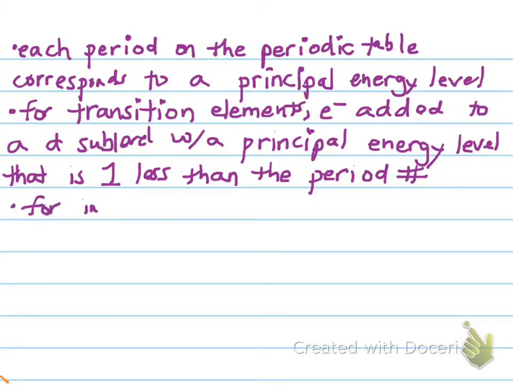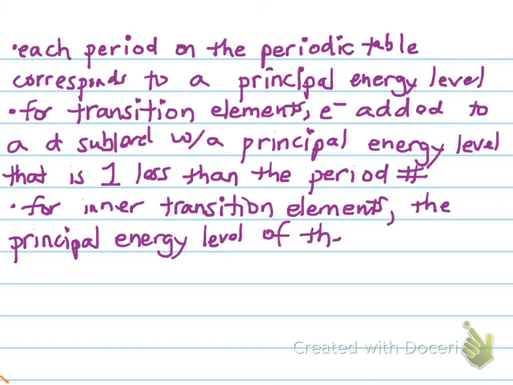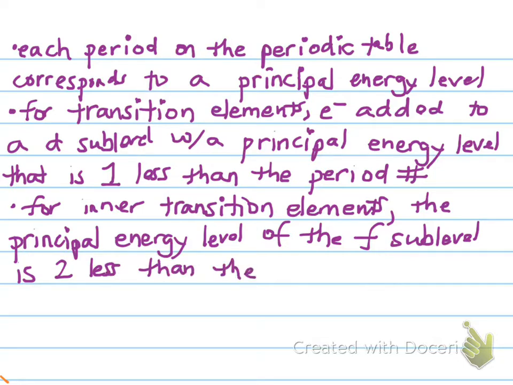For the inner transition elements, remember, those are the 2 rows that are pulled out and underneath the periodic table. The principal quantum number or energy level of the F sublevel is 2 less than the period number.